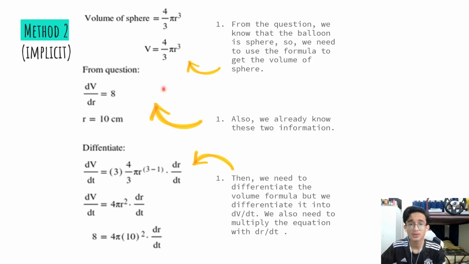Firstly, we need to differentiate the volume of the sphere, because dV over dt needs to be multiplied with dr over dt. After we differentiate the volume of the sphere, we get 4 pi r to the power of 2, and we arrange all the information like this. 8 equals 4 pi r squared times dr over dt.